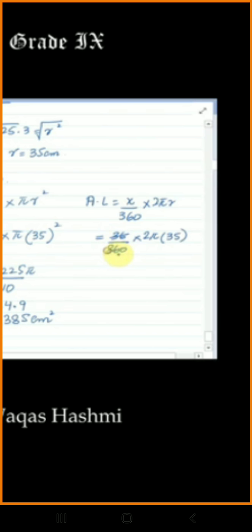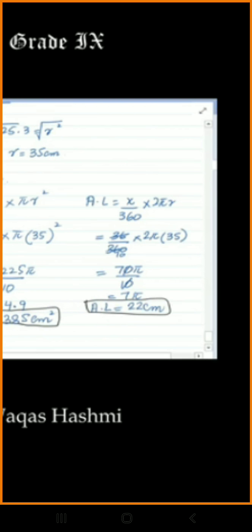In the numerator, 35 times 2 is 70 pi divided by 10. So 0 and 0 cancel. So it's basically 7 pi, and 7 pi is equal to 22. So that is the arc length of your first part. We got area and we got arc length.